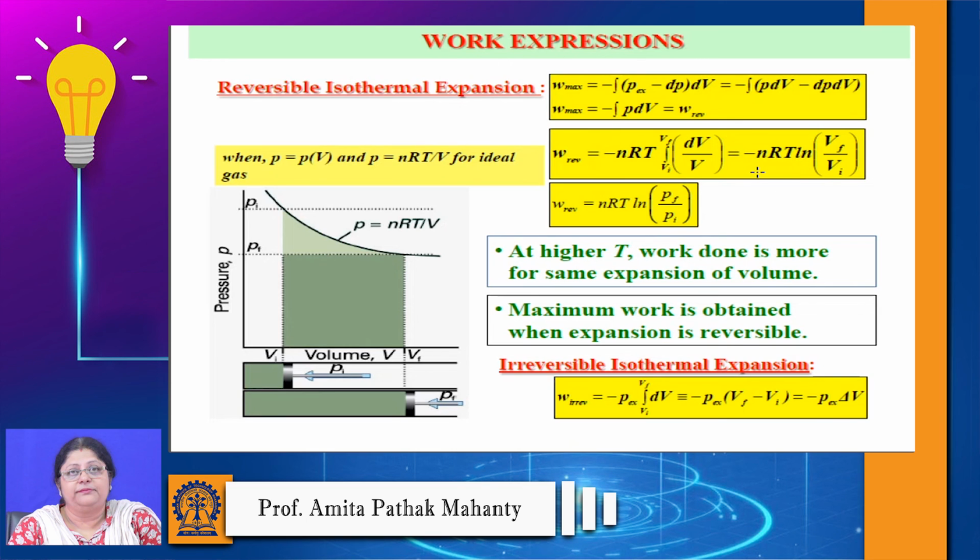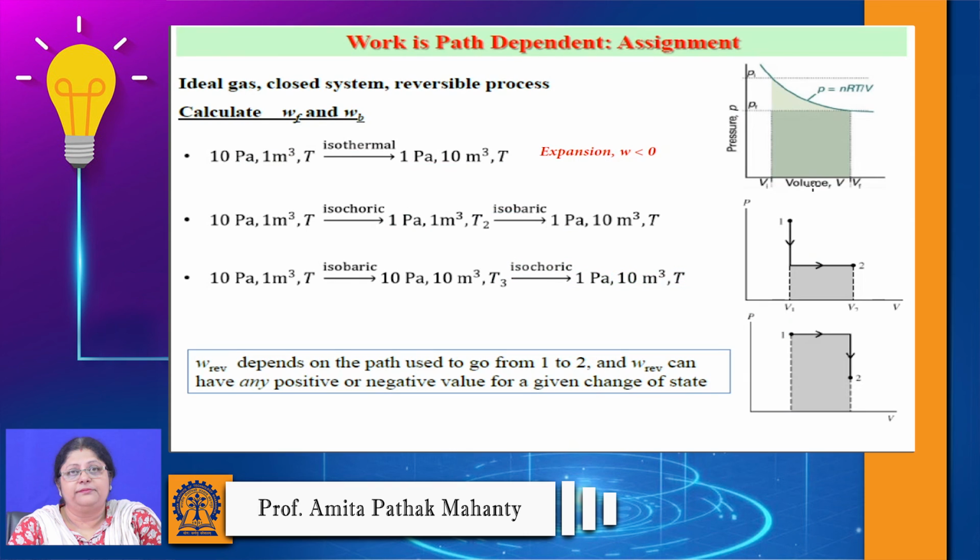And if you are dealing with an ideal gas, then you can replace P by nRT by V, and from nRT by V into dV, you get the expression minus nRT ln V2 by V1, or V final by V initial.